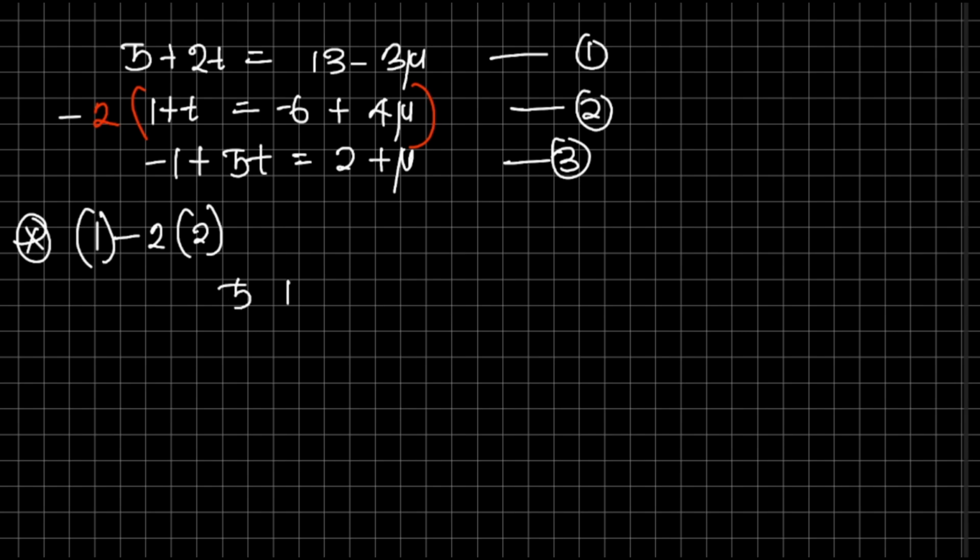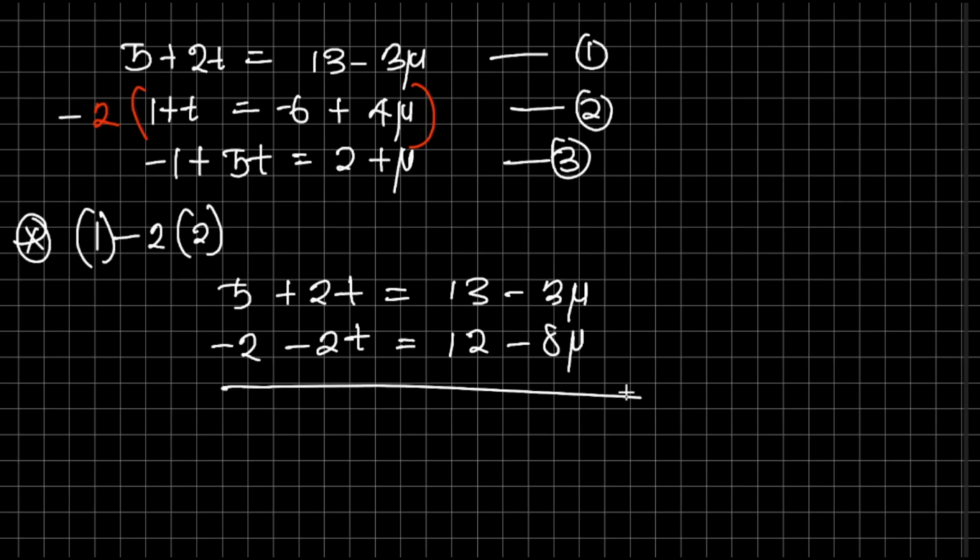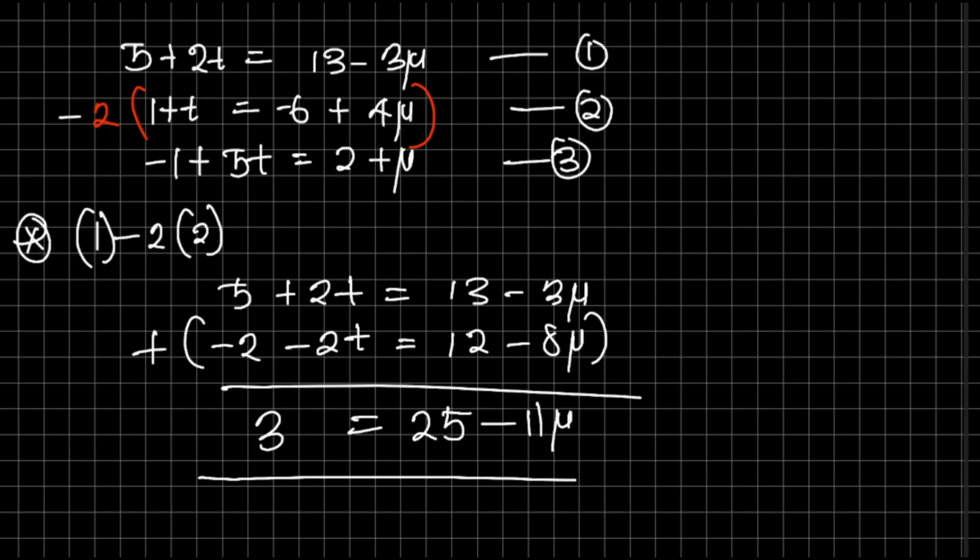So this is 5 plus 2t equals 13 minus 3 mu, and minus 2 minus 2t equals 12 minus 8 mu. Then by the time we add them together, we have 3 equals 25 minus 11 mu. Solving this equation, we get the value of mu.